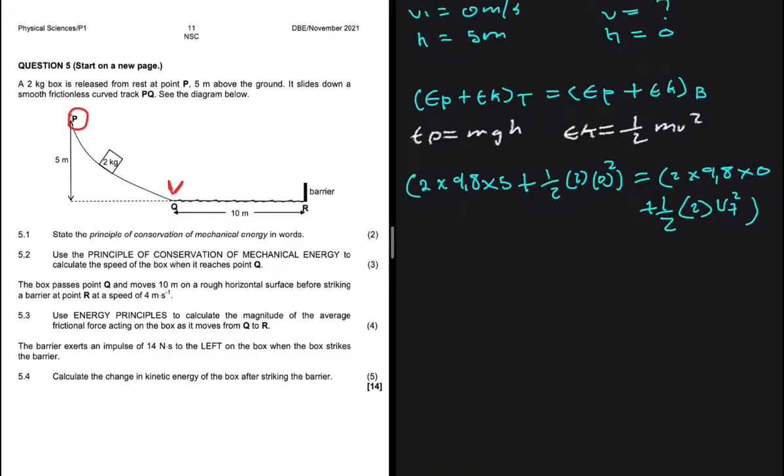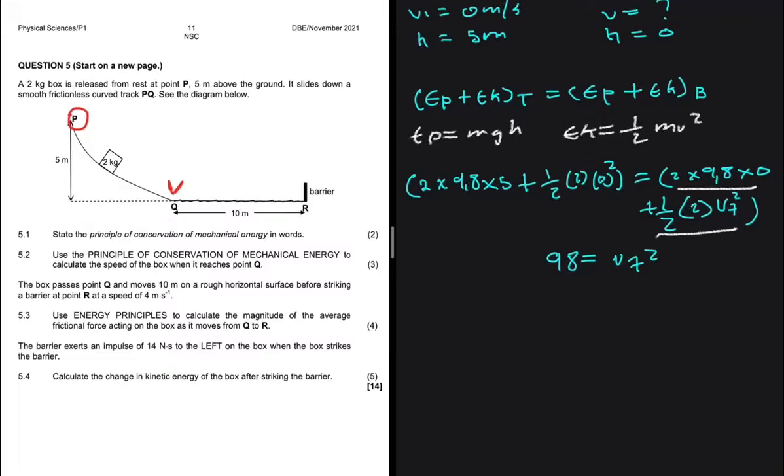Let me solve the left hand side so I can see what we have there. We have 98 being equal to, and if I put this in my calculator for the right side, I'm going to get 0, because we're multiplying a few numbers by 0, so that should just give us 0. And then if we solve this, we have a half multiplied by 2, so that is 1. So we just have Vf squared.